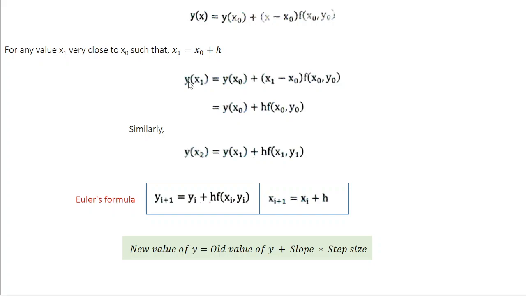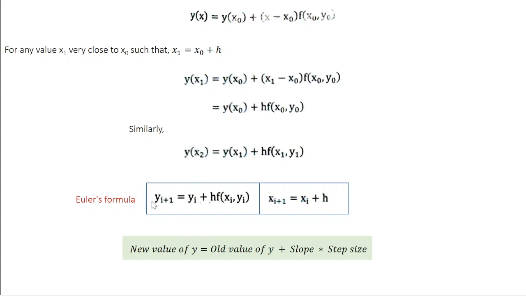So initially x naught y naught was given. Now you found out x1 y1. Similarly, you can go to the next neighboring point x2, and find out the corresponding y value there using the same procedure. So you will find that y of x2 equal to y of x1 plus h into f of x1 y1. So you keep doing this and find the solution at each of the neighboring points.